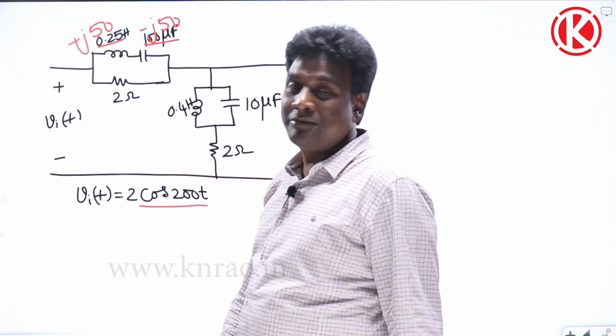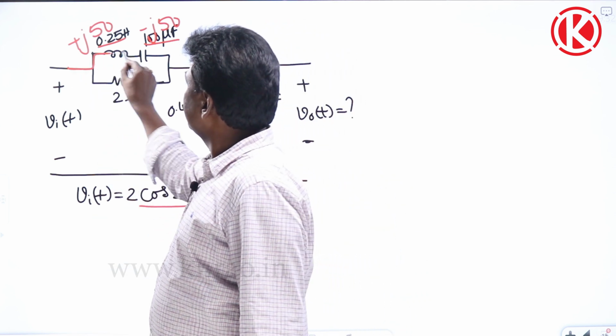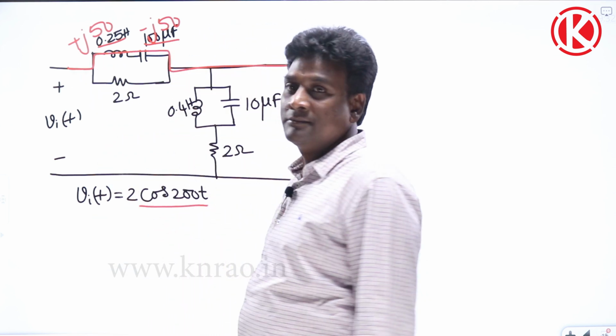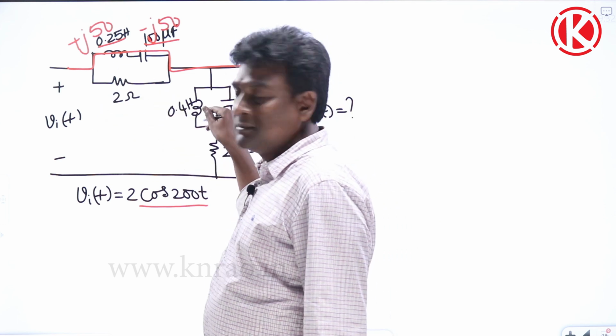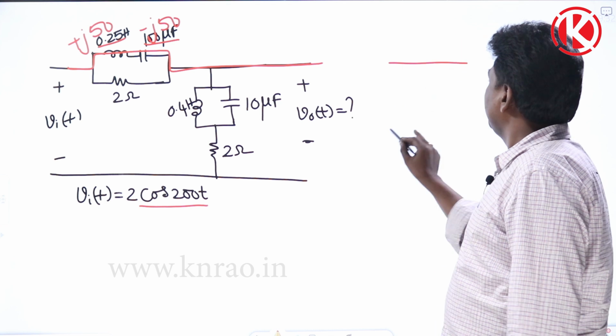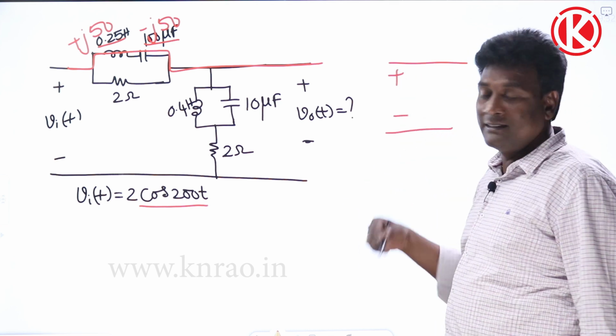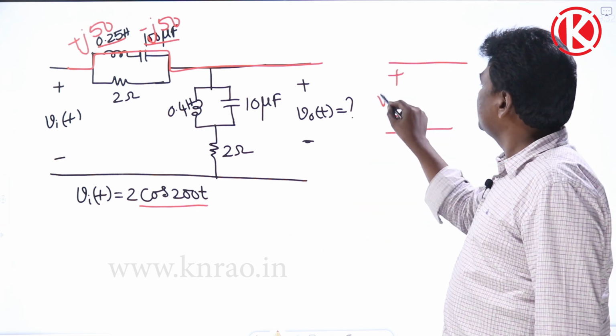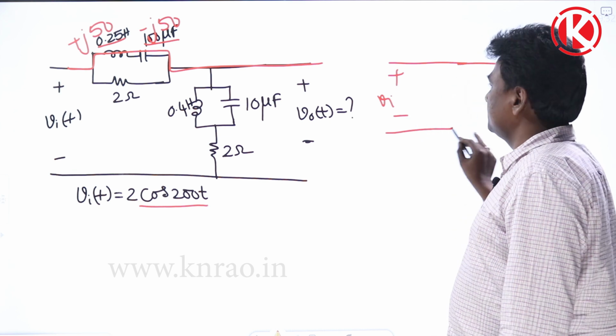So plus j50 and minus j50 together form a short. The moment it is short, directly, because I'm analyzing one frequency here, that frequency is 200. So this is Vi, and this is the short circuit output.